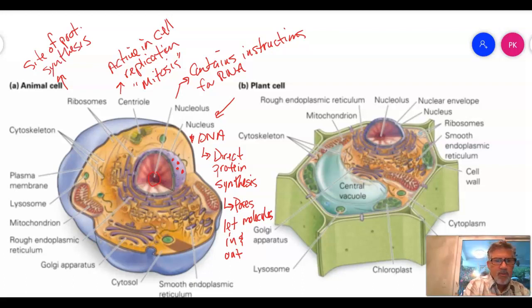So you notice the ribosomes can be just floating in what we're going to call the cytosol, or they can be attached to the endoplasmic reticulum we'll talk about later. Right? So if the ribosomes are in the cytosol, they're making what we call unbound proteins, or proteins that just float. And if they're on top of the endoplasmic reticulum, they're making proteins directed or bound for organelles, right, or membranes.